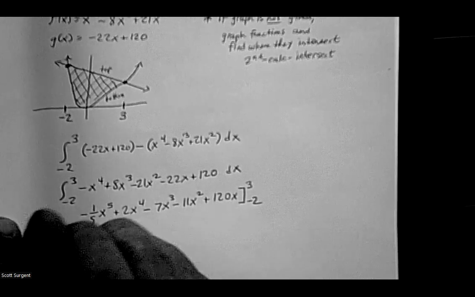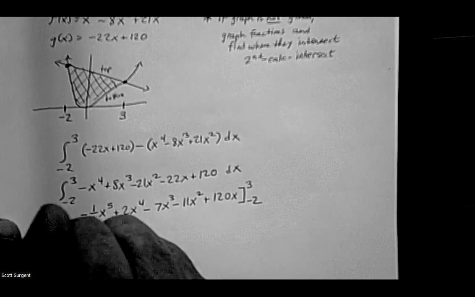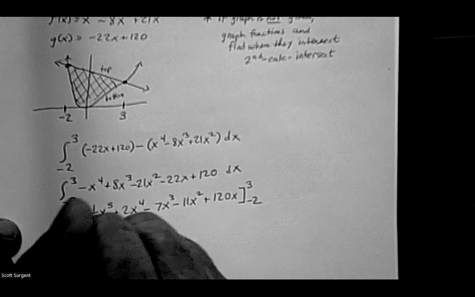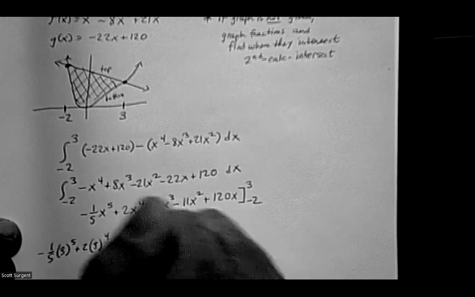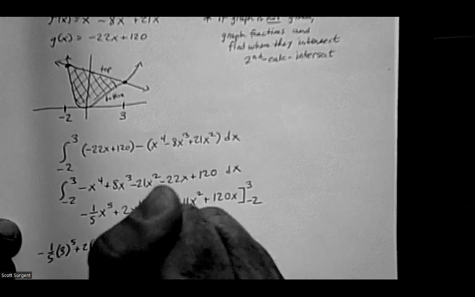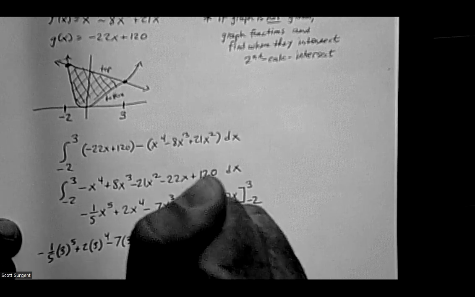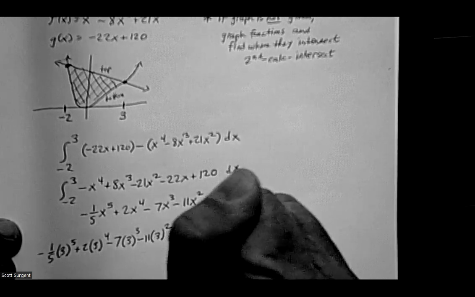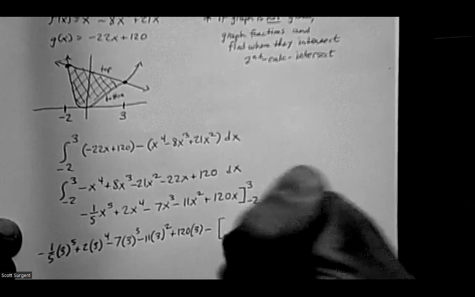All right, so then it's just a matter of plugging it in. This is just going to be a kind of tedious calculation here. Got to watch out for the negative sign.